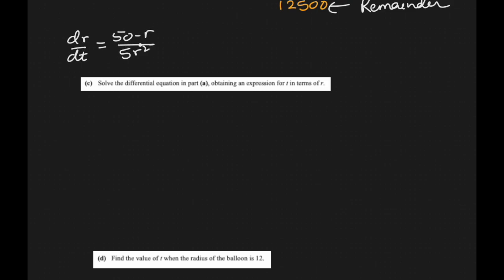And there is no t here. That means t will cross multiply here and these two will cross multiply to the left side. So this becomes 5r square over 50 minus r dr. This dr remains where it is. They change the place. Equal to, and dt goes and cross multiplies to the other side, just dt.